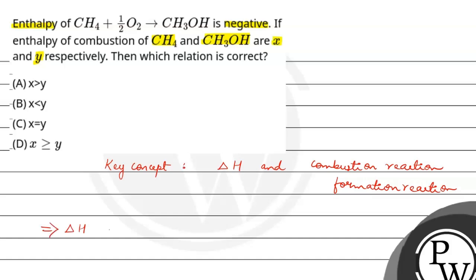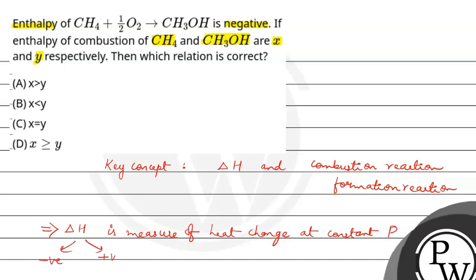Enthalpy change is a measure of heat change at constant pressure. So the heat change at constant pressure is our enthalpy change. So this can have two values.